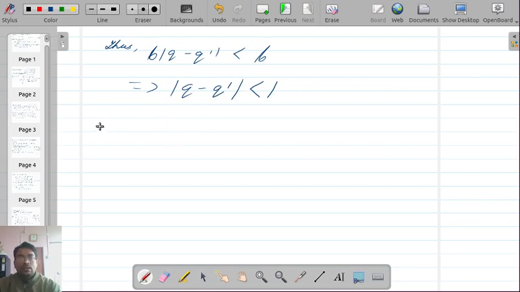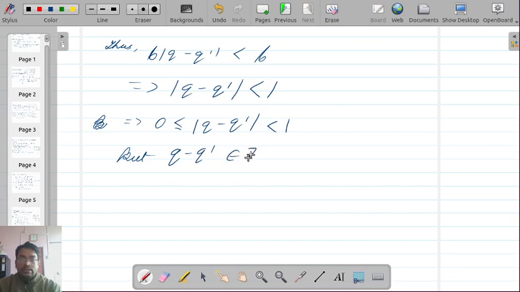So mod of Q minus Q dash is always greater than or equal to 0. It's the modulus. So 0 less than or equal to mod of Q minus Q dash, strictly less than 1. But what is Q minus Q dash? Q minus Q dash is an integer. So an integer, or in particular mod of Q minus Q dash, that is also an integer.